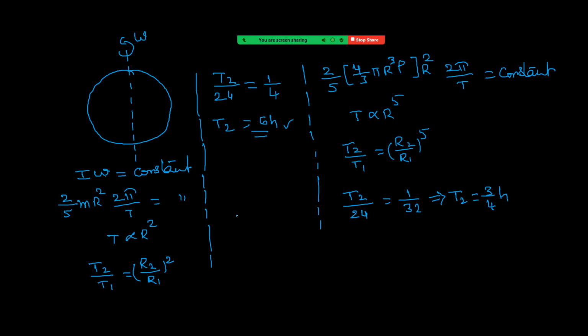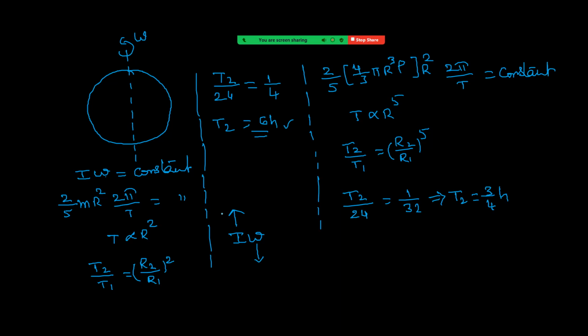Wait. I omega is constant. When water is moving away from the axis, I value is increased. When I increased, omega will decrease. Omega decreased means 2 pi by T decreased, so T value is increased. Means Earth will take more time to complete one rotation.